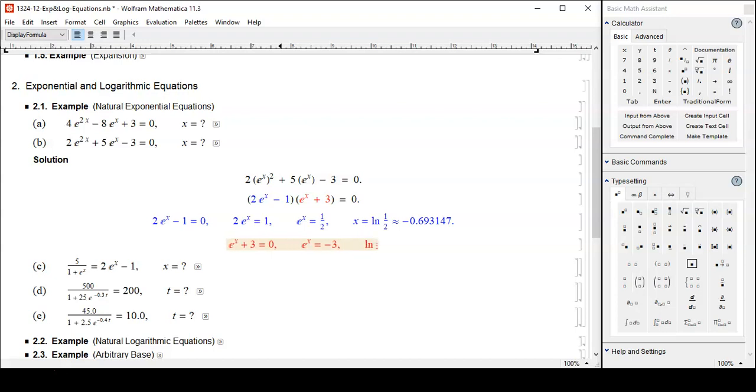Take the log, equals log of -3. So log and exponential cancel each other out, so we have x equals log of -3. And let's assume you still didn't catch something was wrong, because inside of the logarithm cannot be negative.